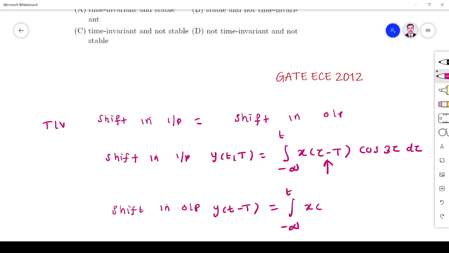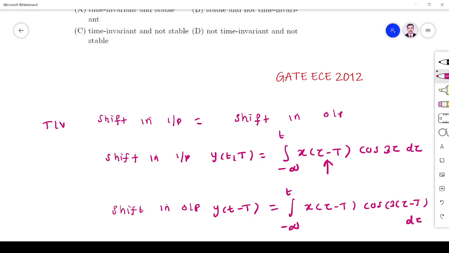So we get the integral from minus infinity to t of x of tau minus T cos of 3 tau minus T d tau.